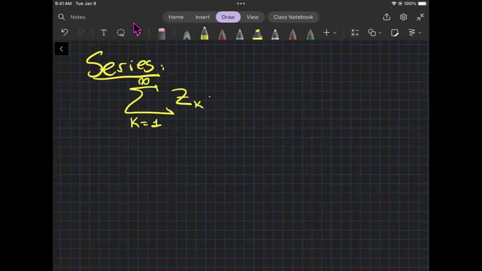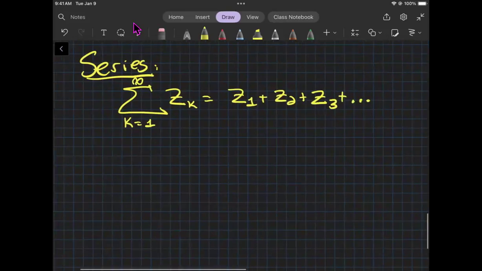So it looks like this: z1 plus z2 plus z3 plus zn plus yada, yada, yada, right? So it's a sum of terms, a sum of complex terms, right?